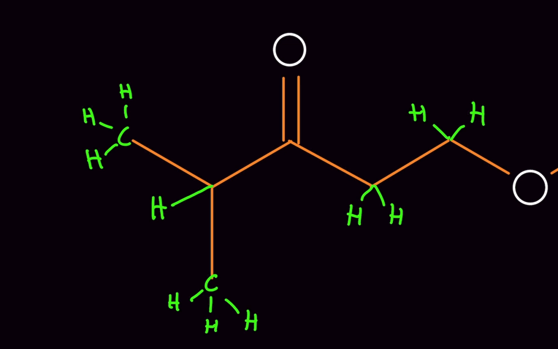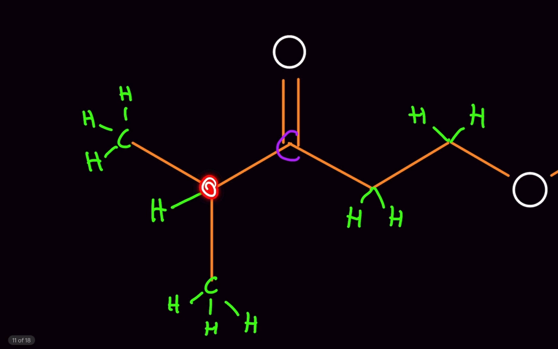So we have a carbon here that's part of the functional group, so we do not count that when we count carbons. We're going to look at this from this carbon, technically from the oxygen, but this is part of the functional group. We go 1 carbon, 2 carbons. So this would be the alpha carbon and this is the beta carbon.